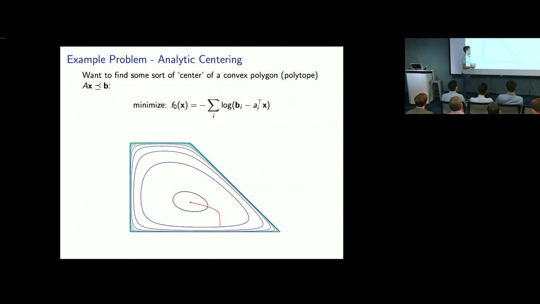So yeah, pretty much. And when you're using an interior point method to solve a lot of optimization problems, you would have some affine type constraint like this, or you would have some log barrier for your problem, and then you would start off by solving this problem with this analytic centering. So you're saying, find me the center of these constraints.